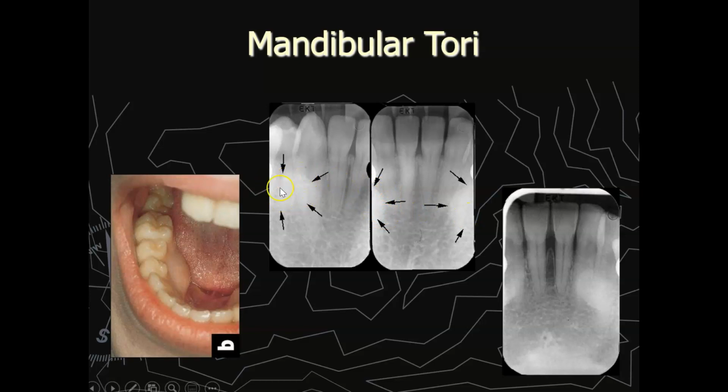And since it's a little more extra bone, the bone's a little more dense there, so it shows up as radiopaque. Typically, there's nothing that they would do unless they needed to make a denture or something for this person. They could go in, cut the gum tissue off, recontour this, and then stitch it back up. But rarely would they do that unless there was some reason that it was bothering the patient.